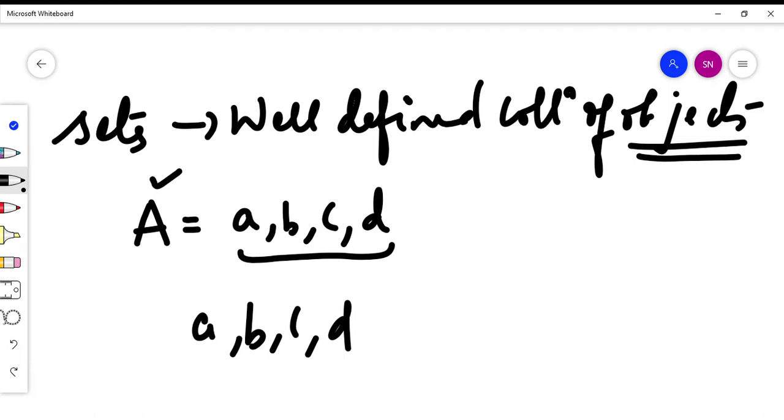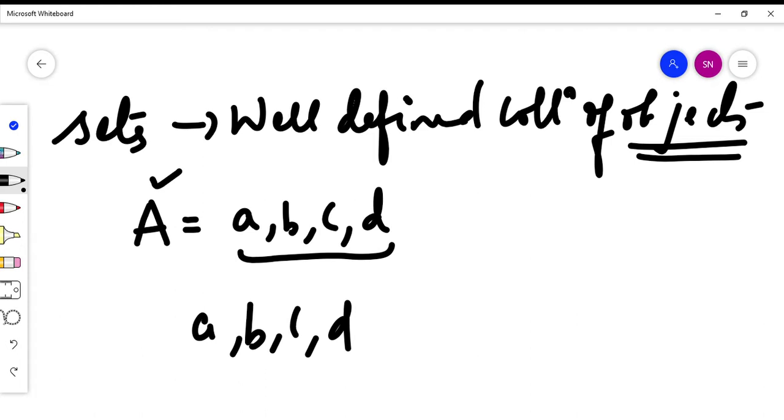I will be going on repeating things so that it gets fixed in everybody's mind and you don't have any difficulties in understanding. So your basics should be strong. Once your basics are strong, solving any problem in this chapter becomes really easy.